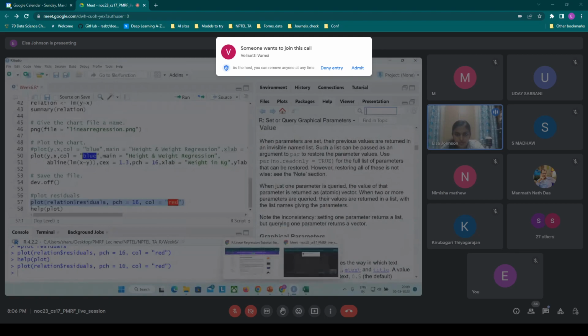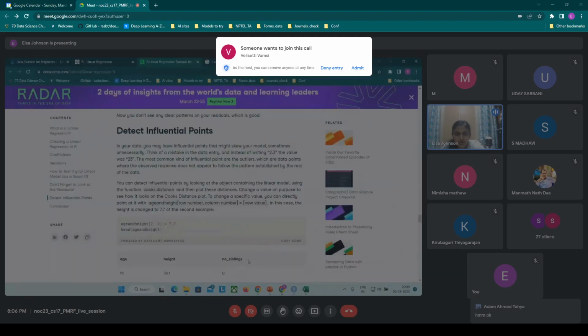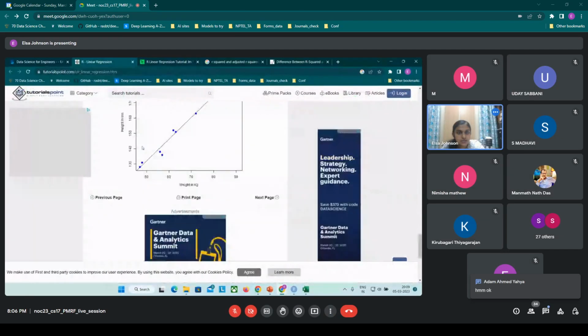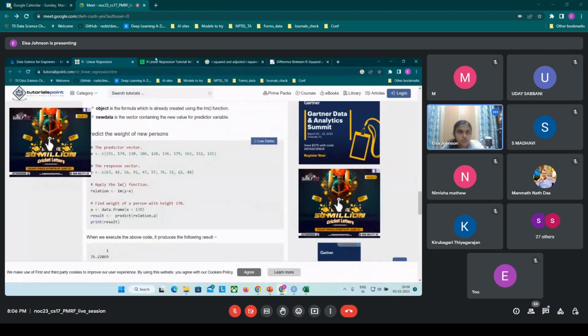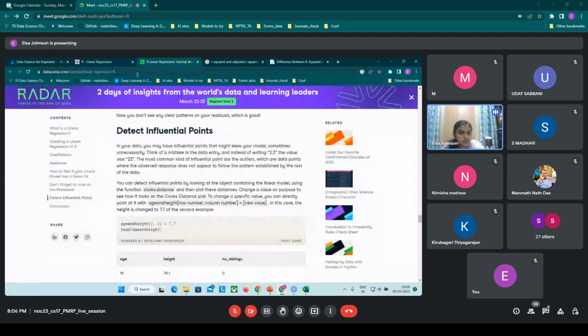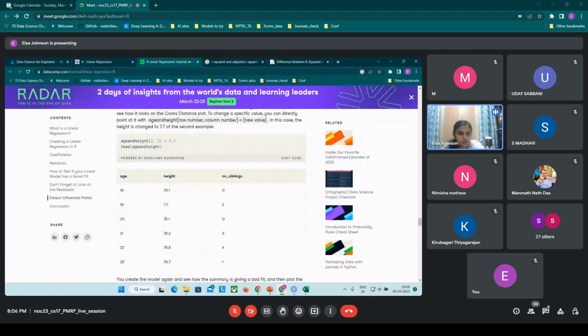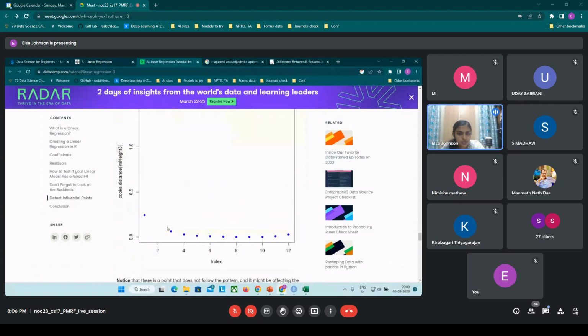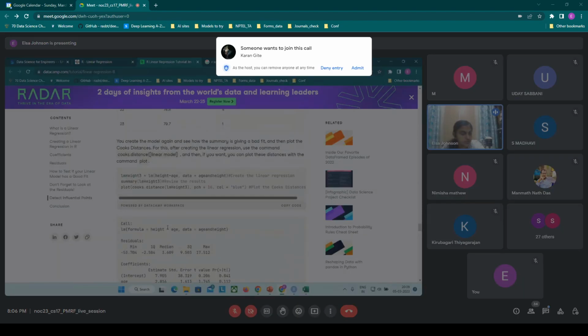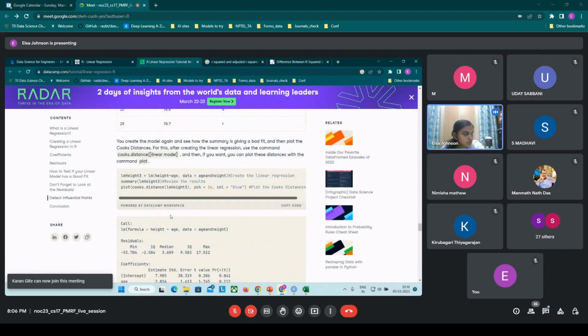I hope the residuals are fine. I'll also post this web address there, so from there you can see the residual plots more clearly, right?